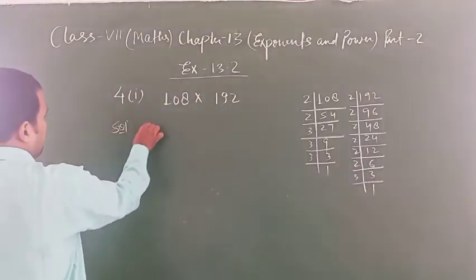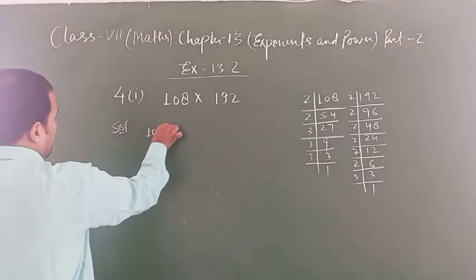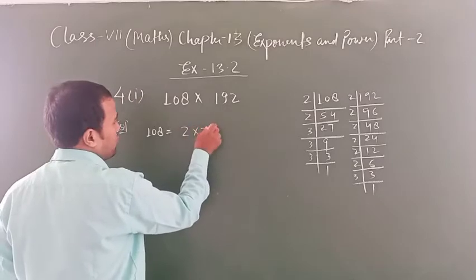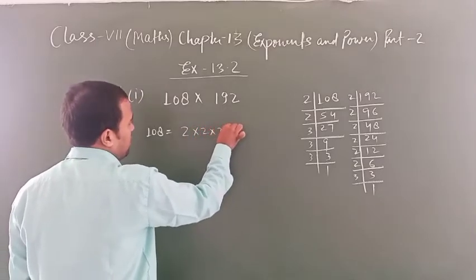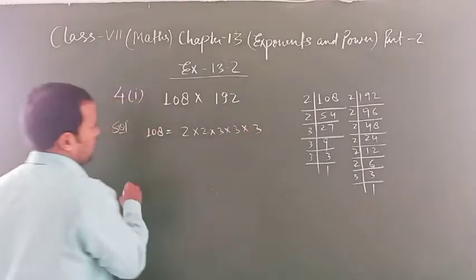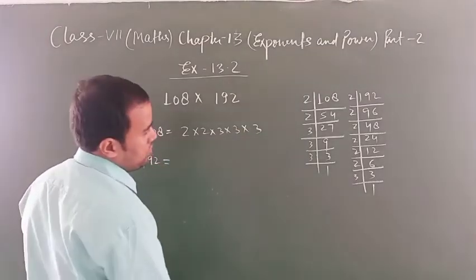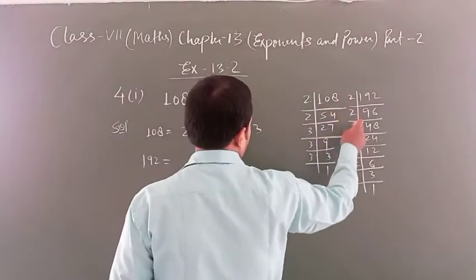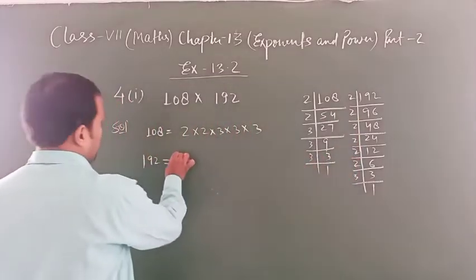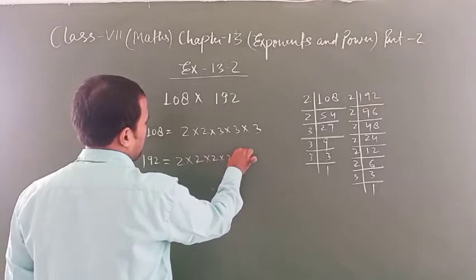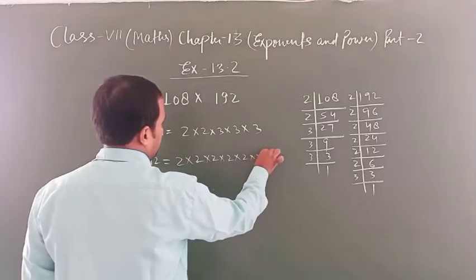We will write here 108 equal to 2 multiple 2, 3 multiple 3. 192 equal to 2 into 2 into 2 into 2 into 2 into 2 into 3.